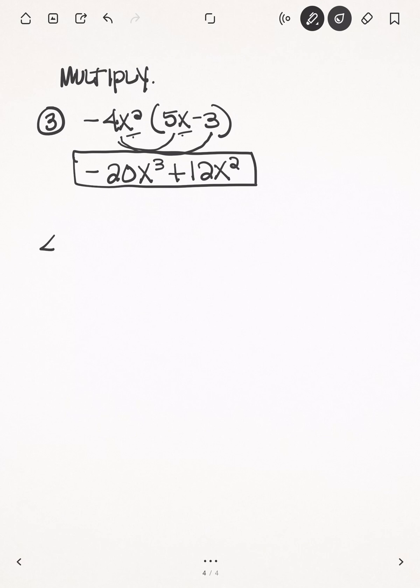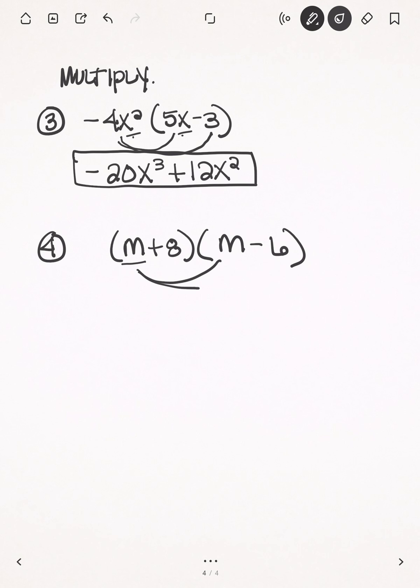Number 4, same directions. This time, I'm going to have a binomial times another binomial. Basically, I'm going to do the same thing I did on number 3, except I'm going to distribute twice. I'm going to take this m and I'm going to distribute it to everything that's inside the second parentheses.